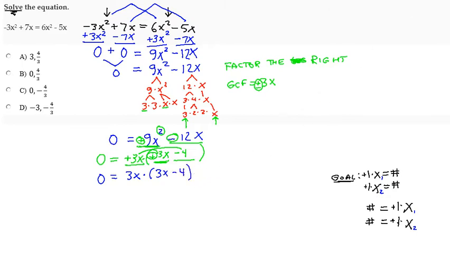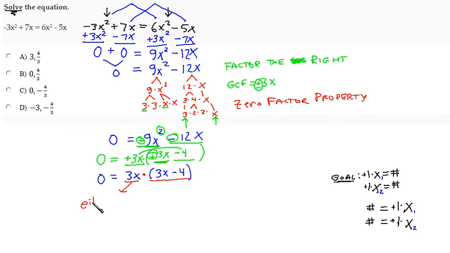Now what takes over is that when two factors times each other equal 0, we say to ourselves, by applying the zero factor property, the zero factor property states that when two factors or more equal 0, one of them must equal 0.